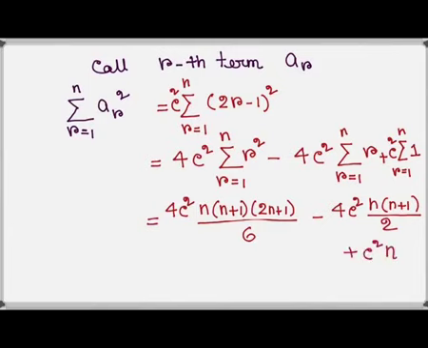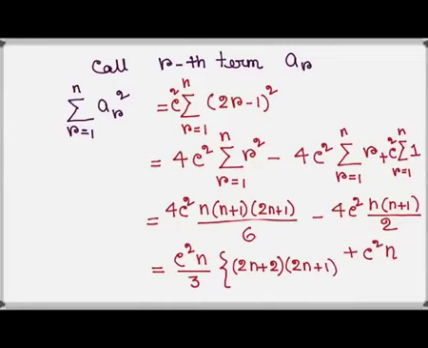So, we take c square n divided by 3 common from this expression, and we get inside 2n plus 2 into 2n plus 1 minus 6n minus 6 plus 3.